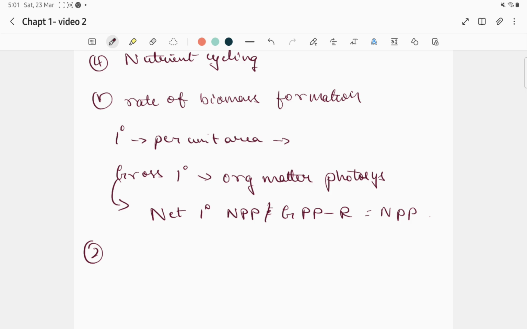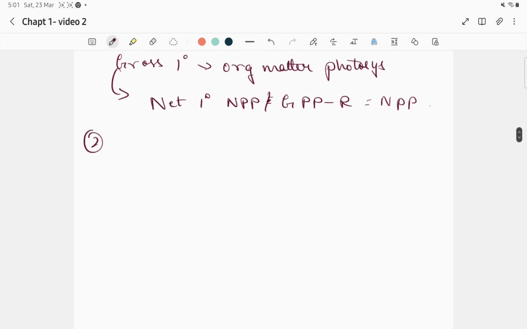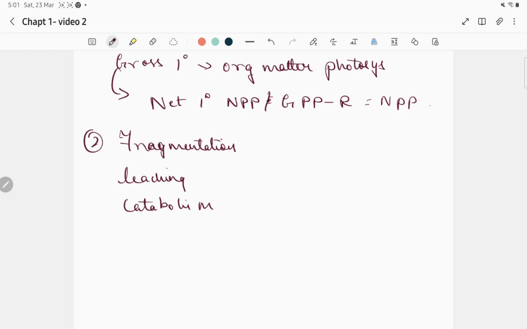This entire process is called decomposition, and this can be achieved using processes like fragmentation, leaching, catabolism, humification and mineralization.